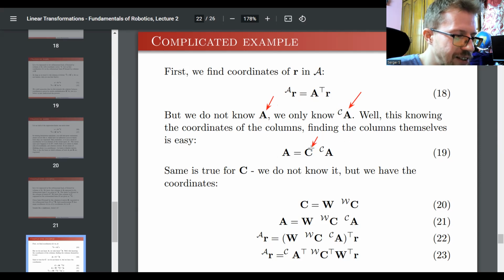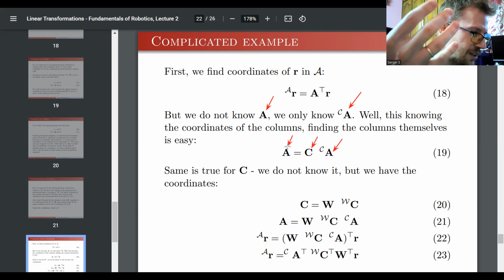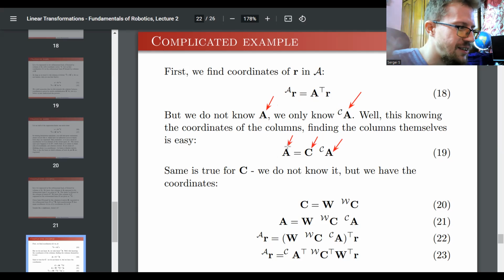We multiply the basis by coordinates, so basis times coordinates gets the original vector. It's just that they are columns, so they're stacked horizontally, but that changes nothing. So this is a familiar expression that we saw before, and this gives us the transformation.